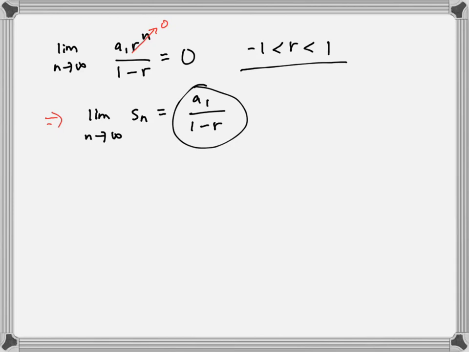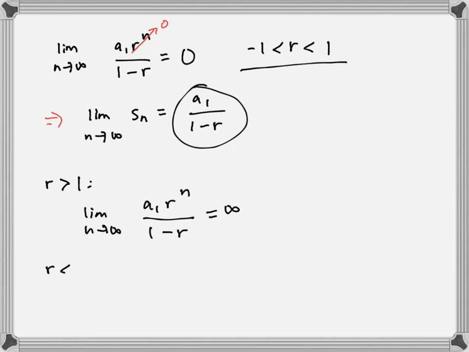What about if r is bigger than 1? Then the limit as n goes to infinity of a1 r to the n over 1 minus r: raising this to the nth power makes it bigger and bigger. In other words, this equals infinity.